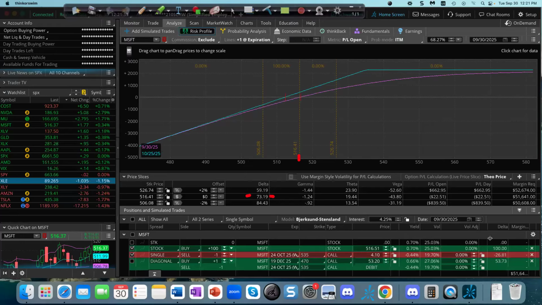That's why we're selling a relatively low delta of 26. And that's the trade, right? If it goes down, you sold the short call for $4. So the first $4 down, the premium would cover the adverse effects.